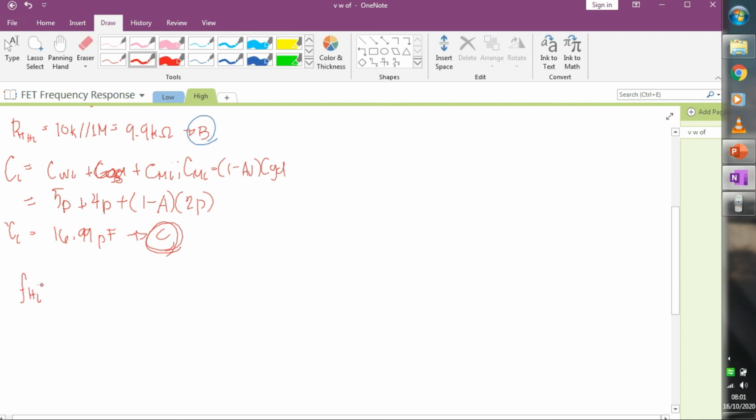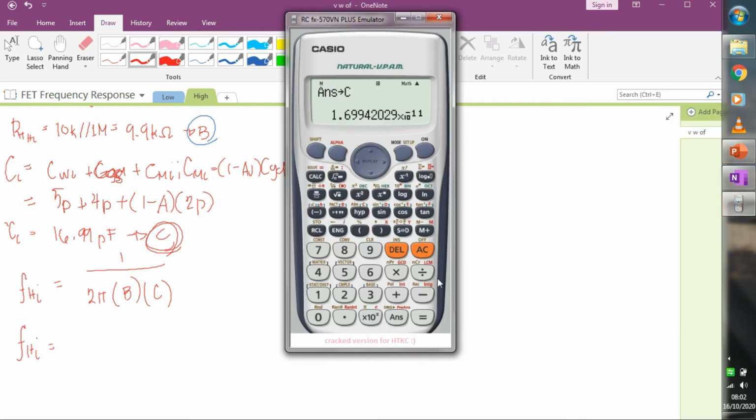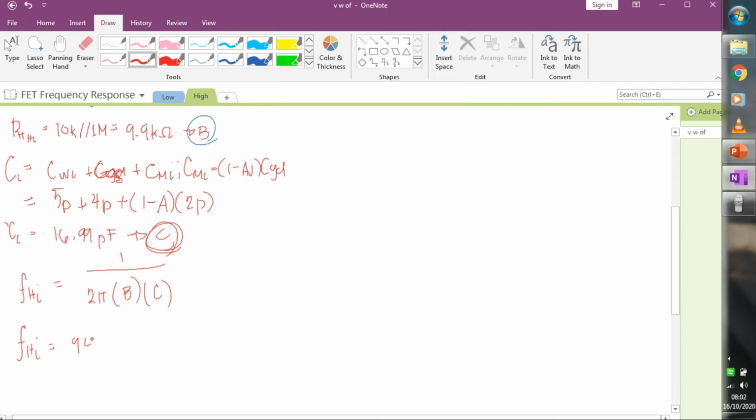So, F is equal to 1 over 2 pi RTHI na nakay variable B times CI na nakay C. So, FHI is equal to 2 pi times B times C. And inverse, it is equal to 945.892 kilohertz.